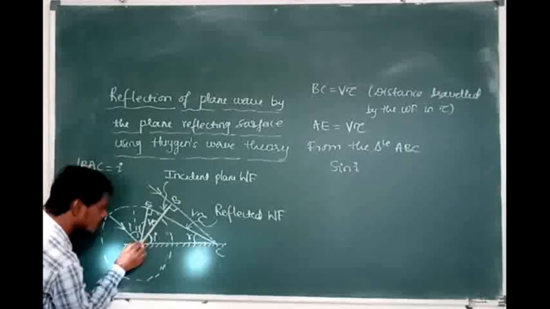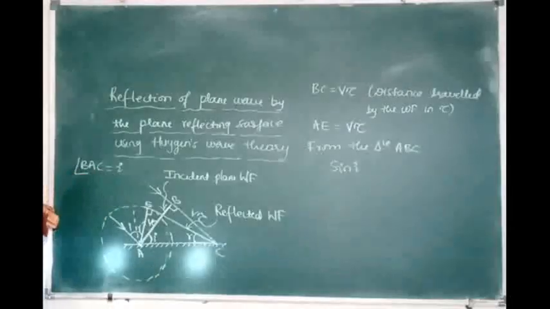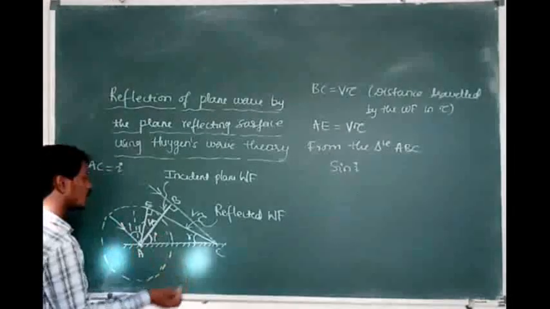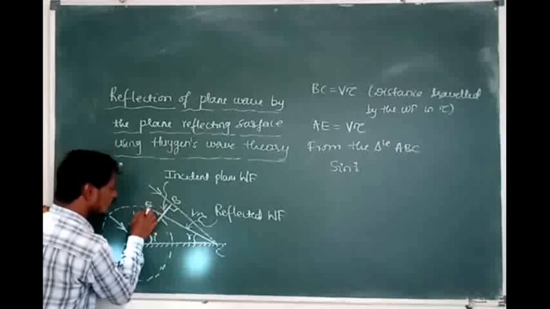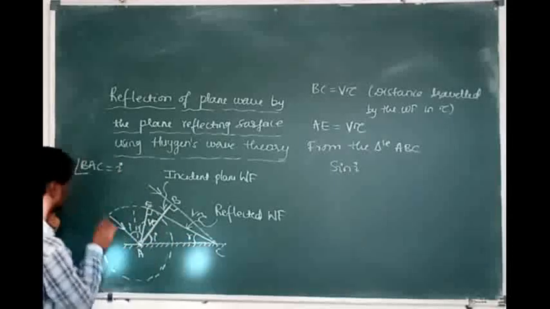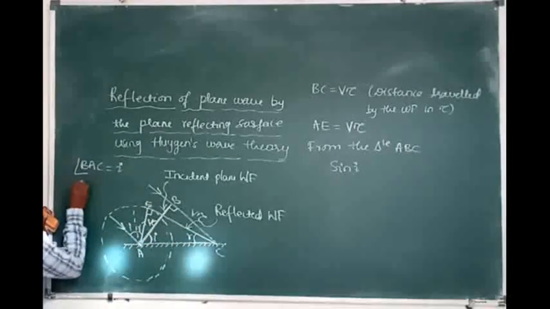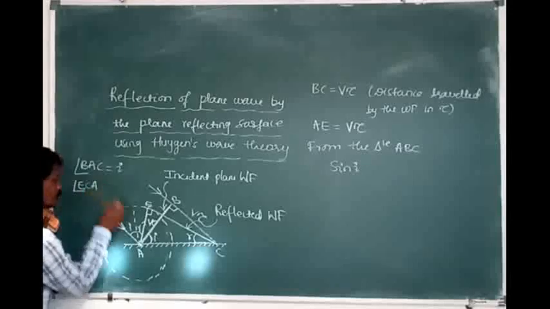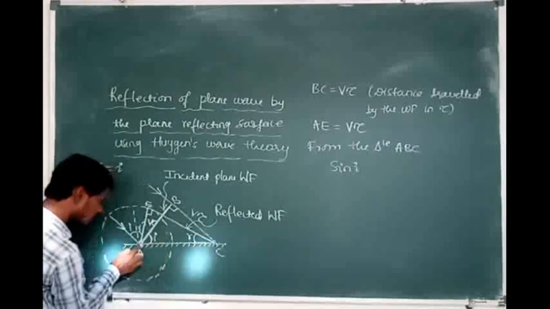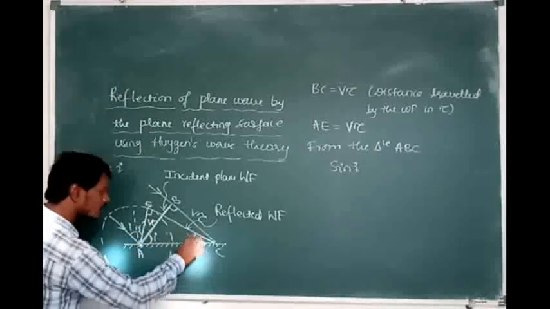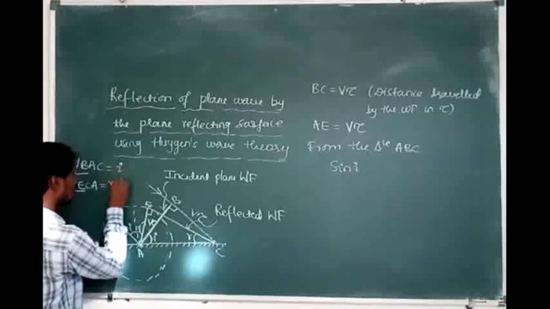Angle BAC is the angle of incidence. And what about the angle of reflection? Angle ECA is the angle of reflection. That can be taken as r here.